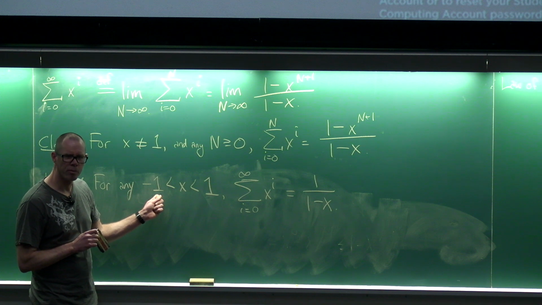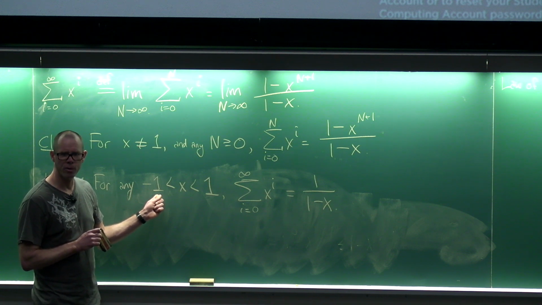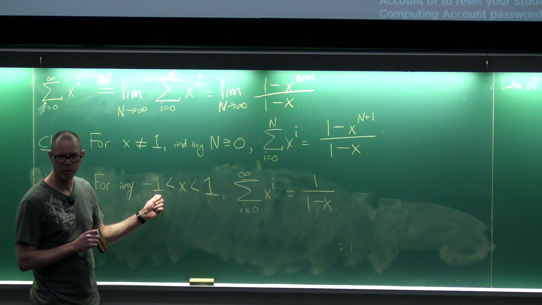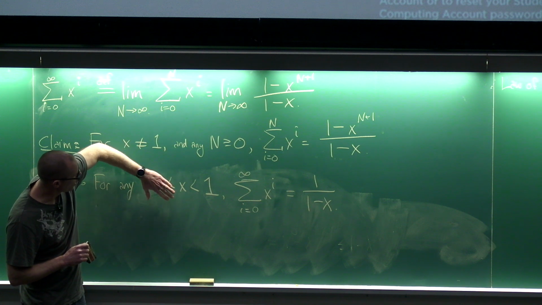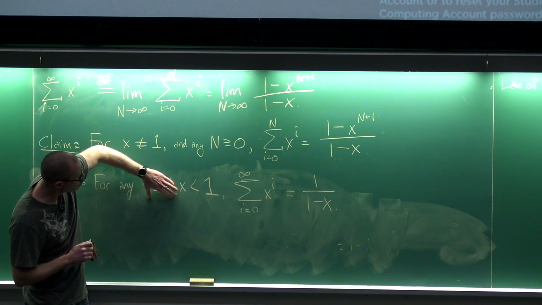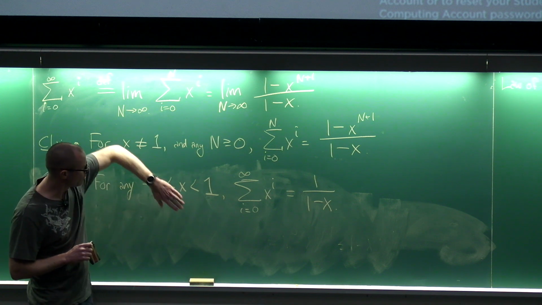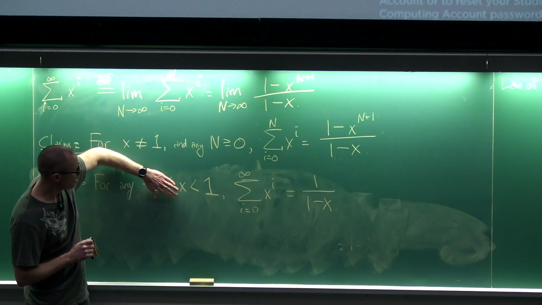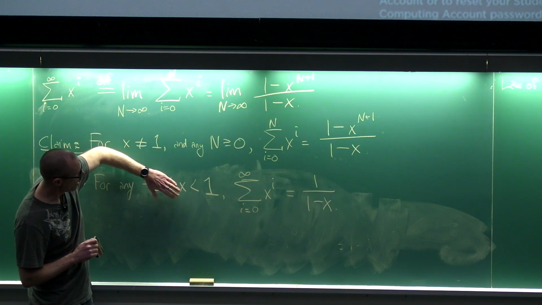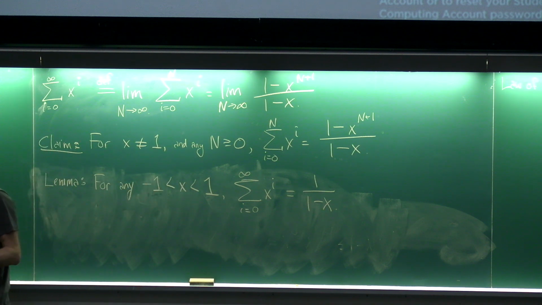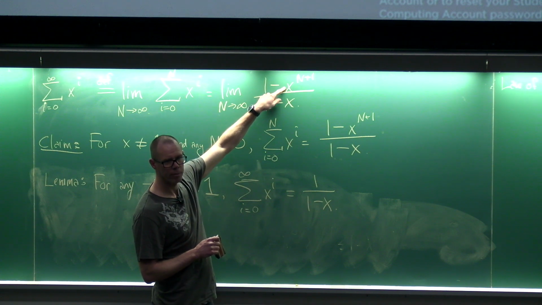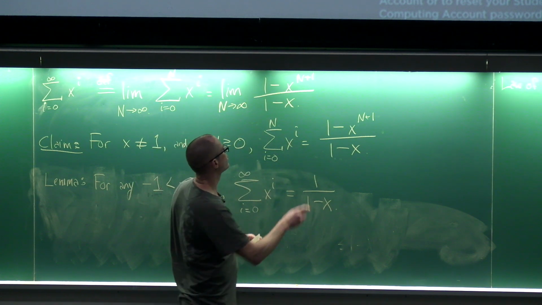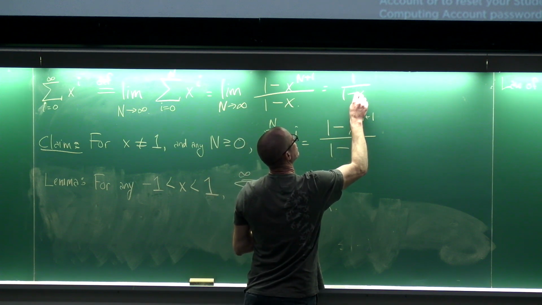In fact, an easier way to see it is the absolute value of x is definitely getting smaller. Don't worry too much about the range from minus 1 up to 0, but even when x is strictly between 0 and 1, as long as x is less than 1, x to the n keeps getting smaller and smaller as n gets big. So the limit as n goes to infinity of this thing tends to 0. So this is just 1 over 1 minus x.